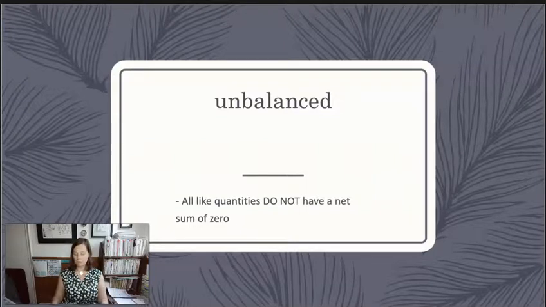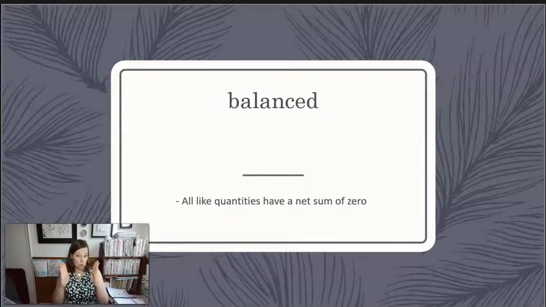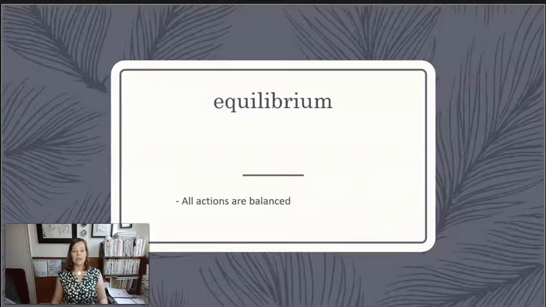That would be unbalanced. But I could also push on both sides. Think tug of war. Let's do a pull instead. Tug of war, one side and the other side, if they're pulling equally, nobody moves. They're pulling, but nobody moves. And that's a balanced set of forces, okay? But if one side pulls harder than the other, that's unbalanced. Now, when all of the actions are balanced, then we're said to be in equilibrium.